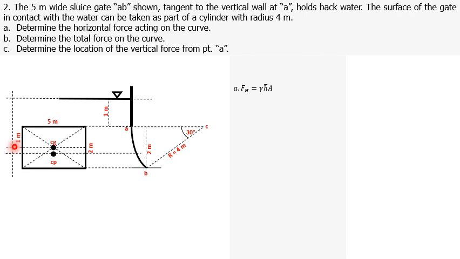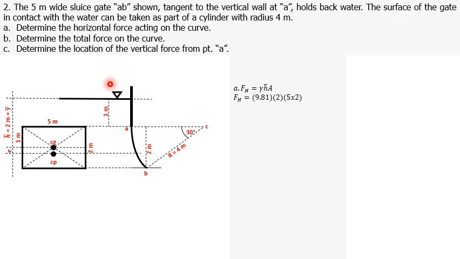And we can calculate that by adding 1 meter and 1 meter. So h bar is equal to 2 meters. And in curved surfaces, h bar is equal to y bar. And the distance of CP below CG is eccentricity e.